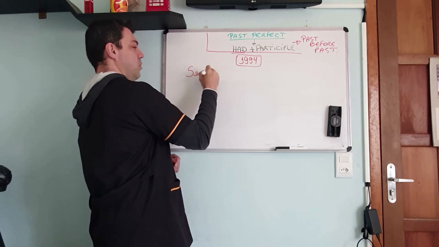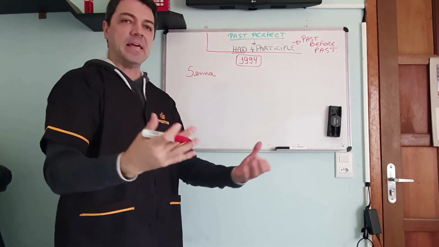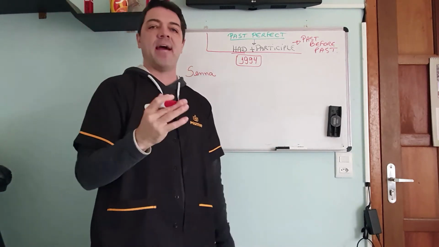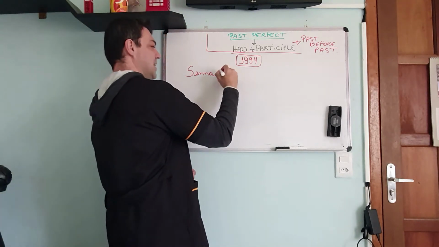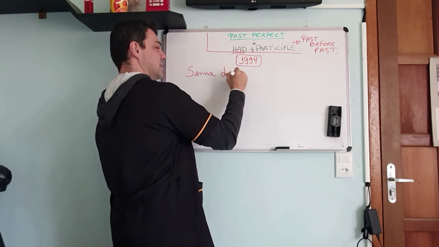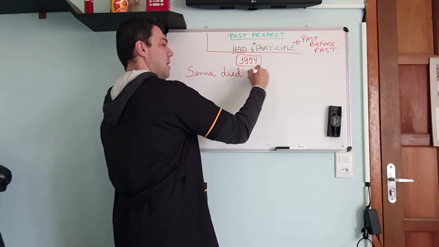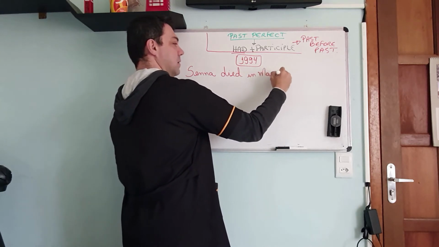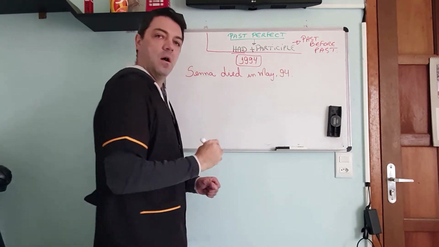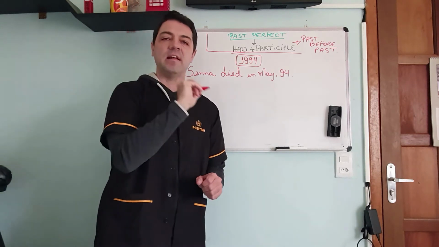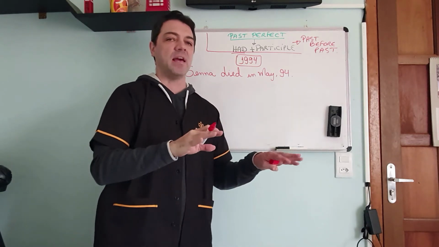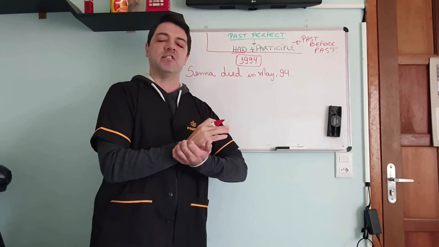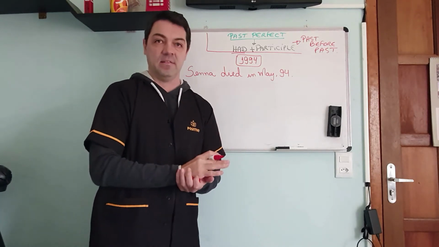Senna, you know, Ayrton Senna, the biggest race driver we have ever had. Senna unfortunately died in May 94. On the 1st of May 1994, it was Labor Day, and Senna crashed his car and he died.